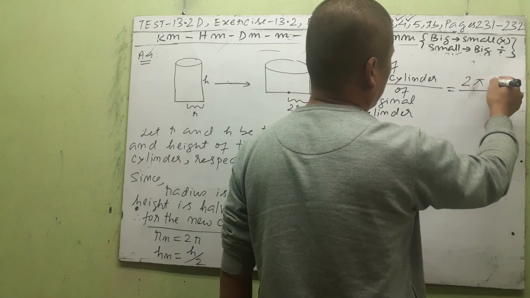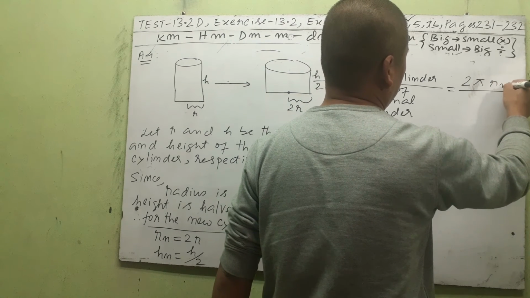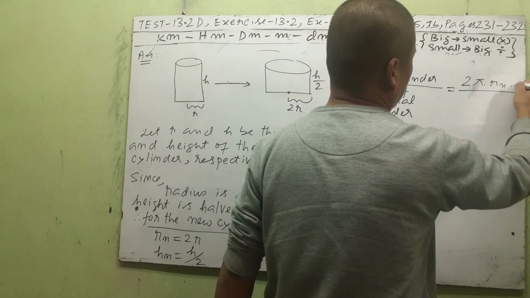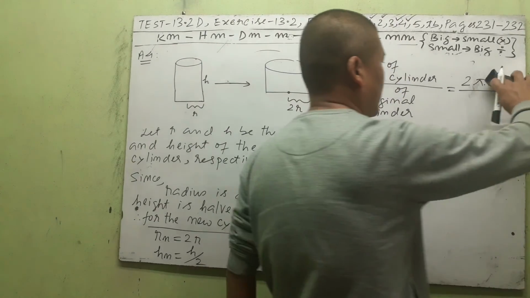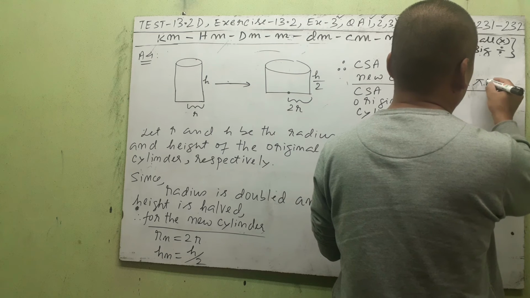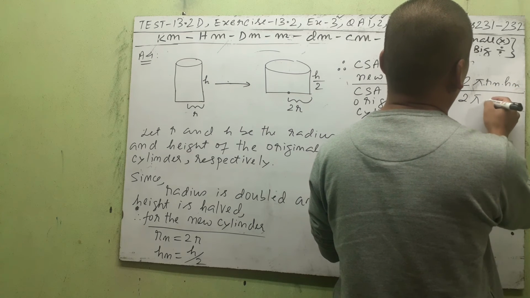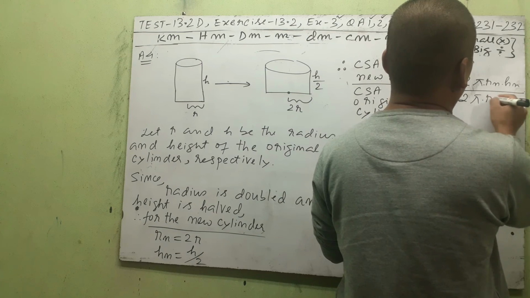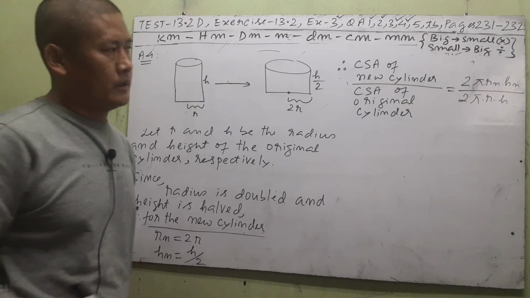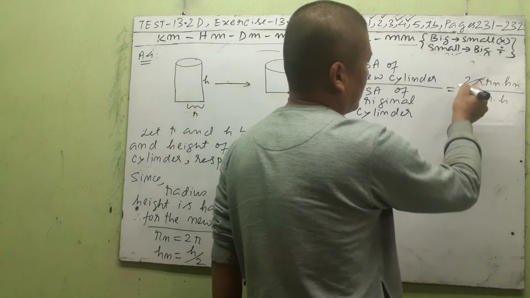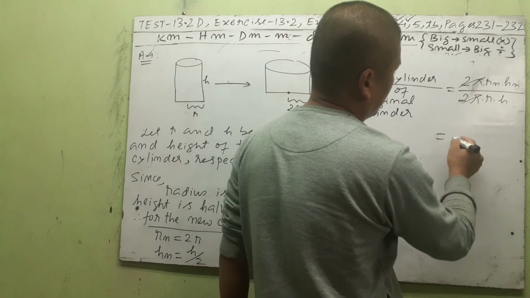The formula is 2 pi rh, so for the new one we put 2 pi Rn Hn, and down here 2 pi rh, because the original radius is r and height is h. So we can cancel this 2 pi, and then let us solve this part first.